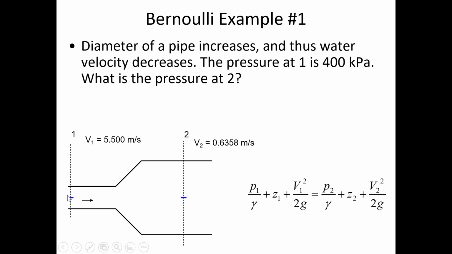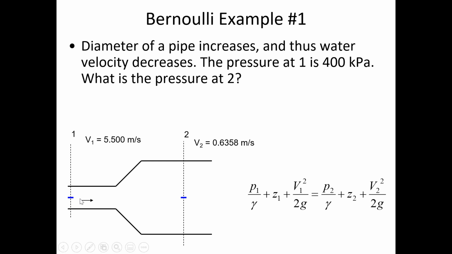And so if the velocity is decreasing, that energy that used to exist in the velocity head has to go somewhere else, because velocity head, remember, is v squared divided by 2g. So what we're saying is, here at 1, there was quite a bit of energy in the velocity head, because 5.5 meters per second is really moving along quick.